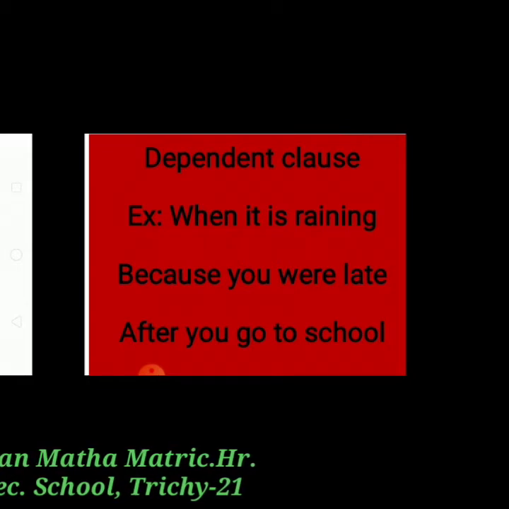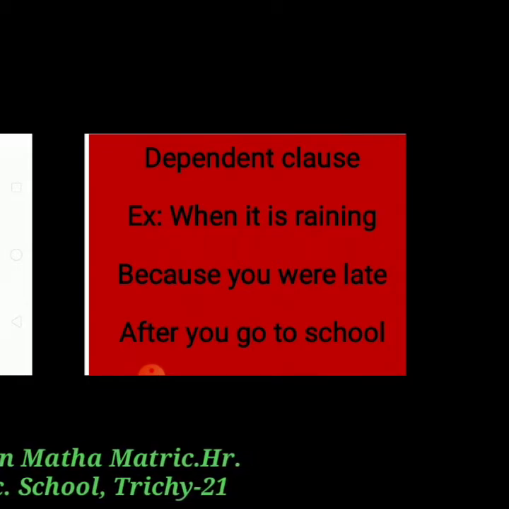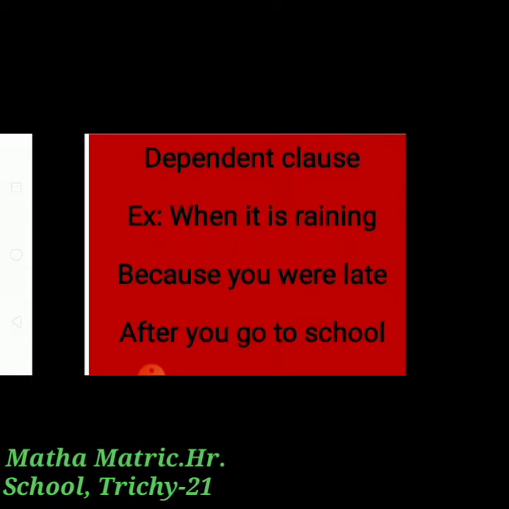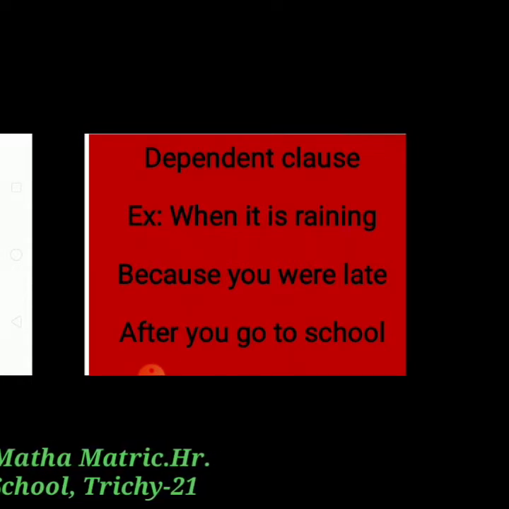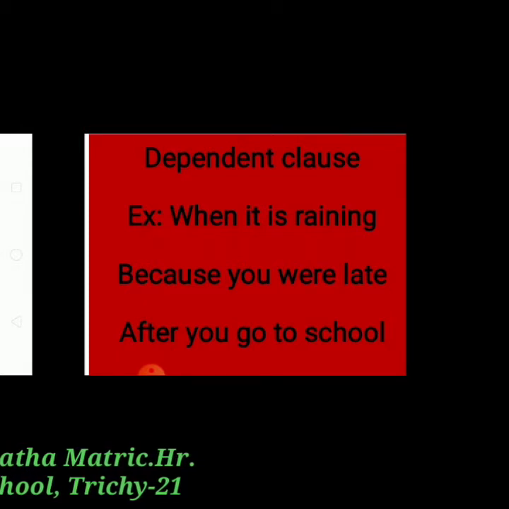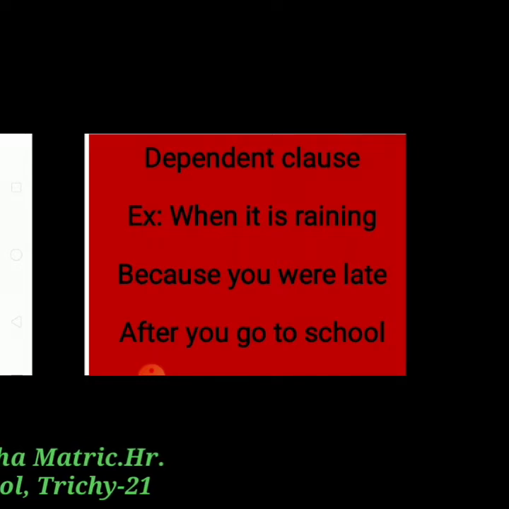Dependent clauses, also known as subordinate clauses, contain a subject and a predicate, but they do not express a complete thought. They do not express a complete meaning. For example, when it is raining, because you were late, after you go to school.